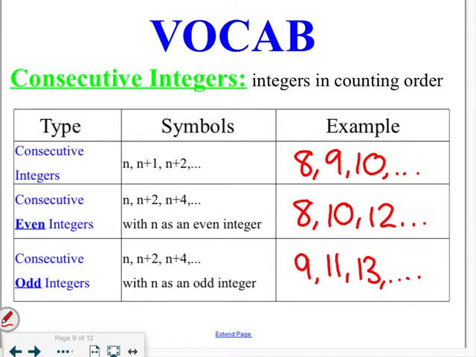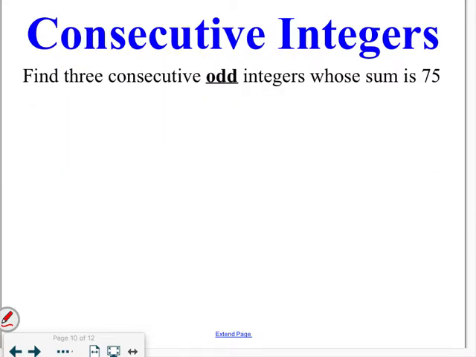We are able to use these symbols to actually solve for numbers that we don't know. So the first one asks us, find 3 consecutive odd integers whose sum is 75. So we're going to be using the pattern of n, n plus 2, and n plus 4.